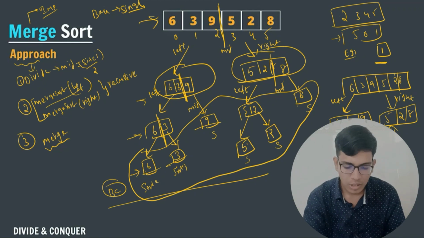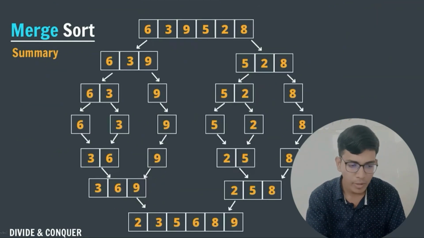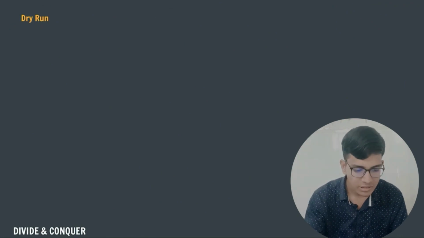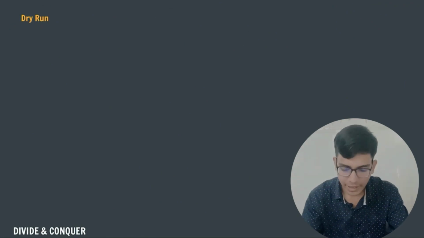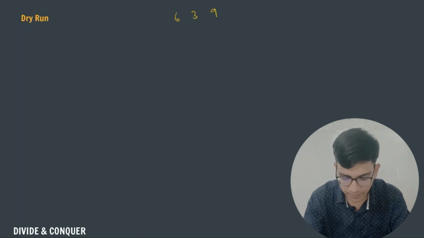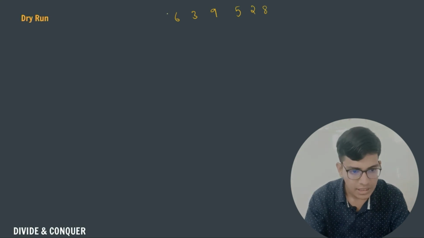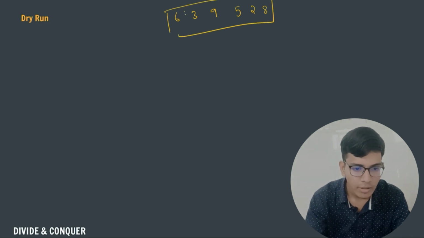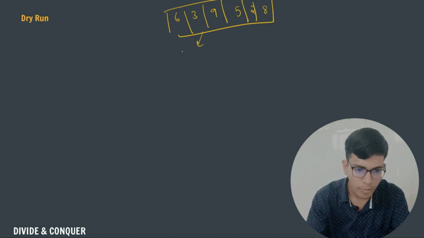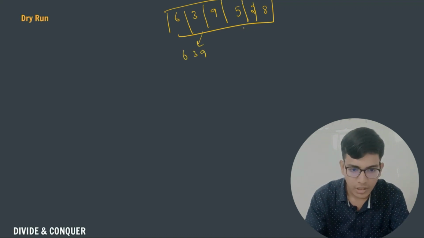Let me draw here so that you will understand it even better. This is my given array, 6 3 9 5 2 8. First of all I will break these: the left part 6 3 9 and the right part 5 2 8.